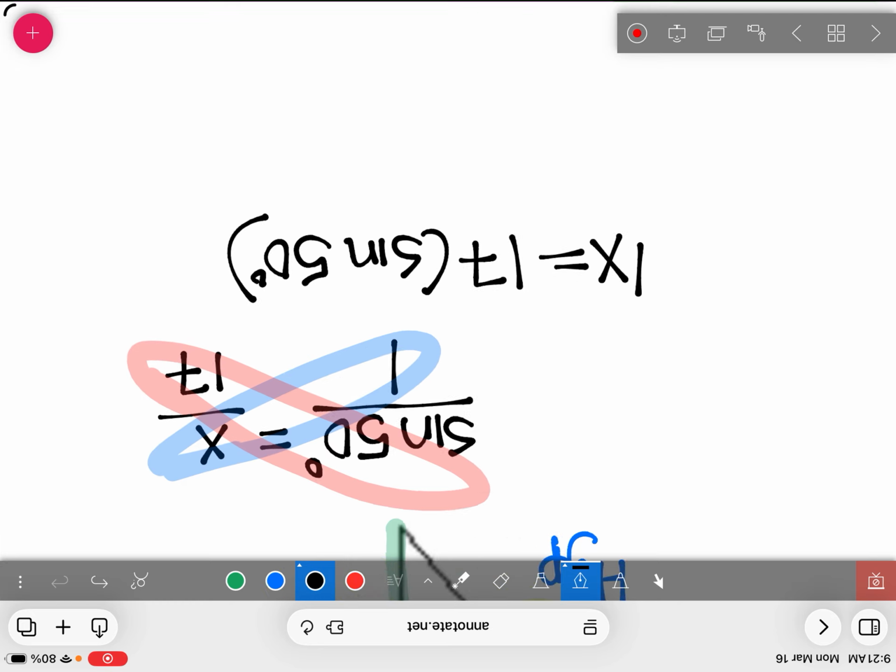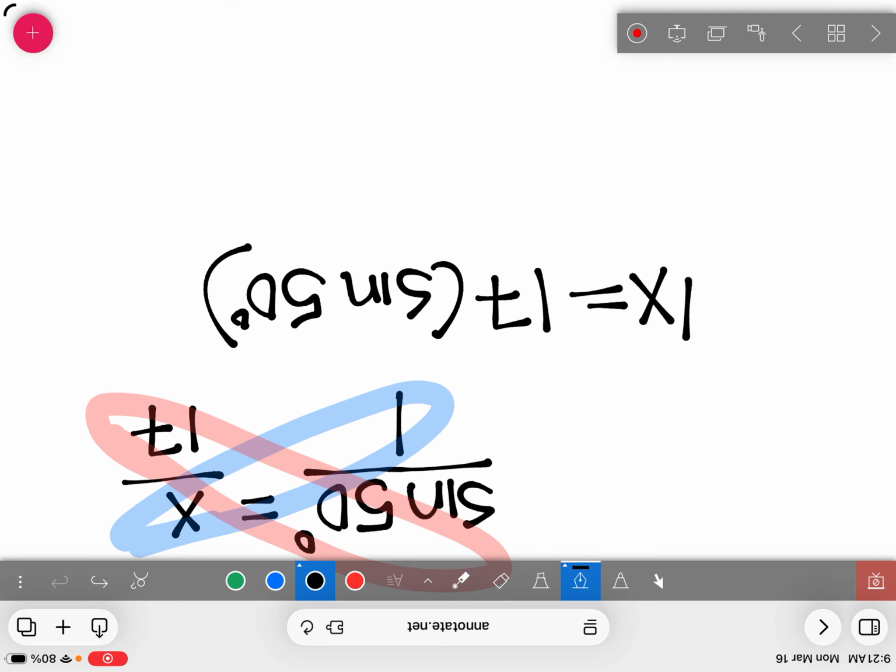Go ahead and type that in your calculator. You don't need to put parentheses around sine. In your calculator, I want you to punch in the number 17, then hit the sine button and 50. And it says to the 10th place. I got 13.